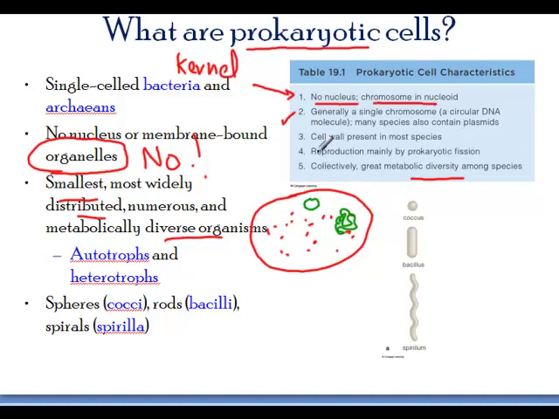They will most likely have a cell wall, and the cell wall is there for protection. So not just the plasma membrane, it has a wall, or a capsule around it, so it prevents the cell from getting degraded from the environment.